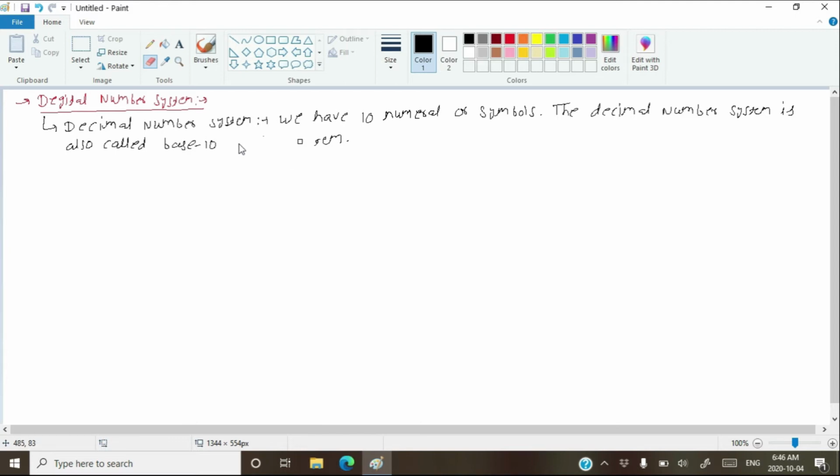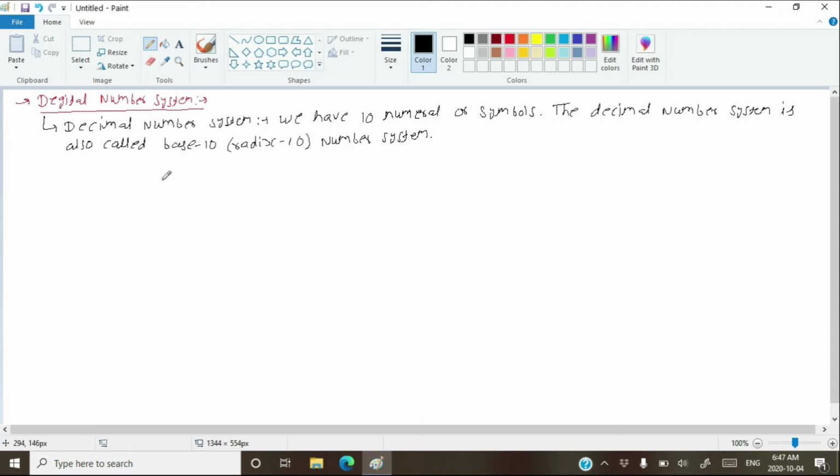The word base used in the number system is also called radix. We already have discussed the decimal number system.